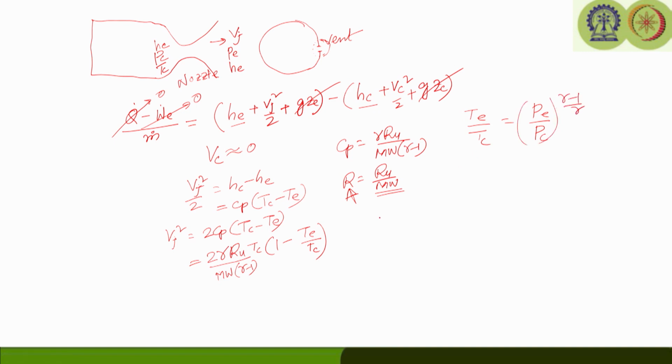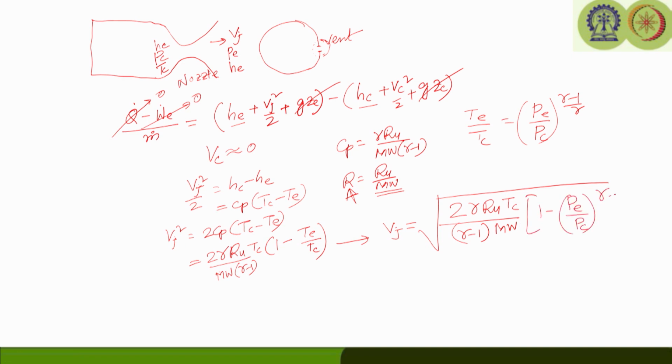Applying this relation, we can modify this equation and directly write Vj as the square root of 2 gamma Ru Tc divided by gamma minus 1 into molecular weight, into 1 minus P by Pc to the power gamma minus 1 by gamma. So, this is the equation for the efflux velocity or the jet velocity.